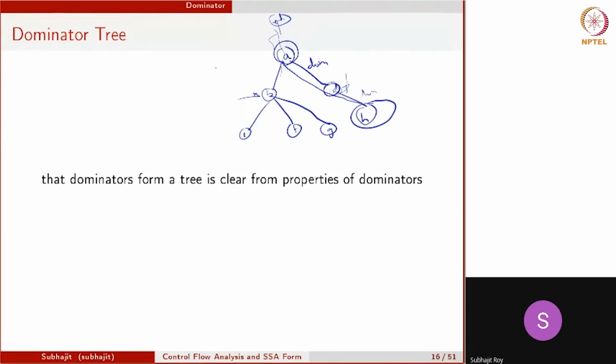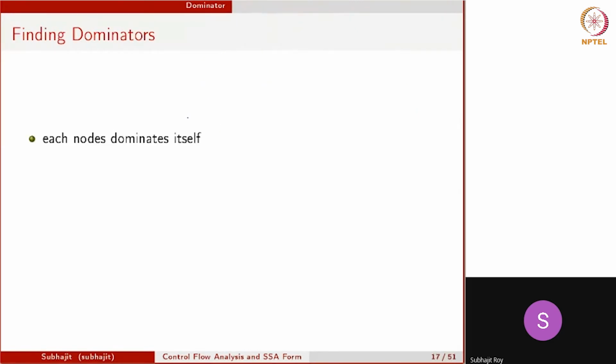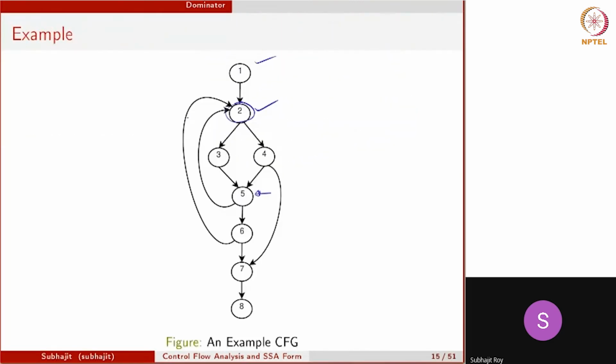Once you have this dominator tree, it is a very important data structure that very crisply captures the dominance information in a control flow graph. So now, if I want to construct the dominator tree of this particular control flow graph, can you tell me what the tree would look like? 1 is the entry node, so 1 will be there.